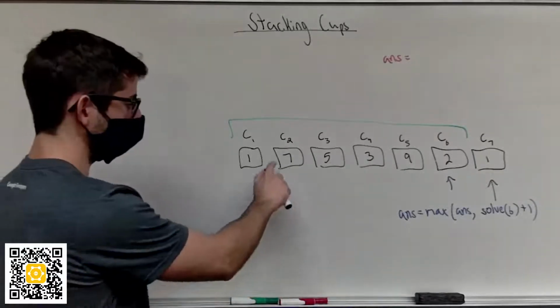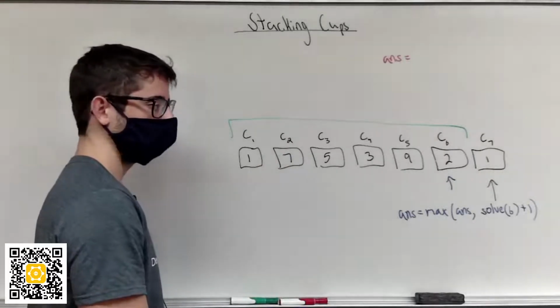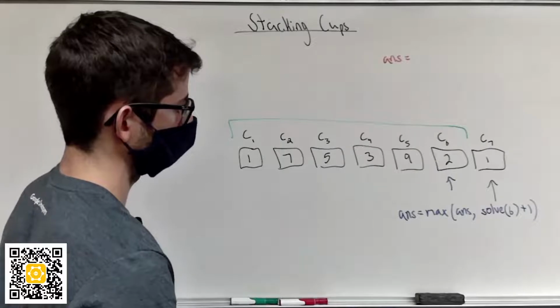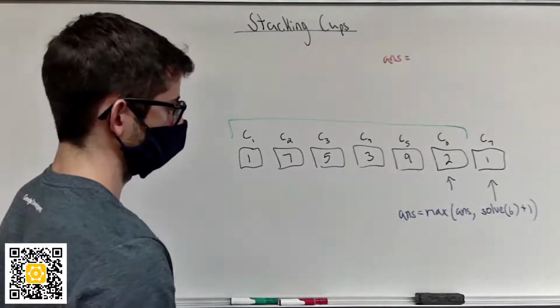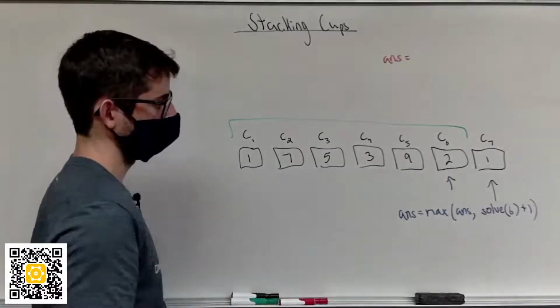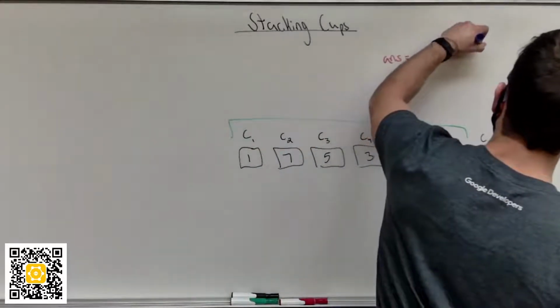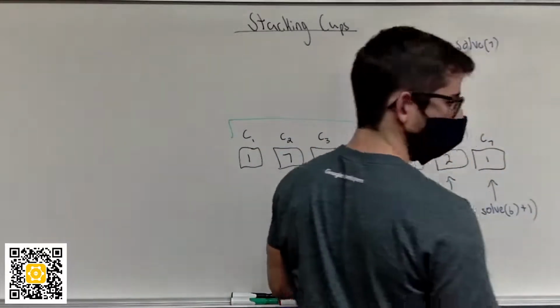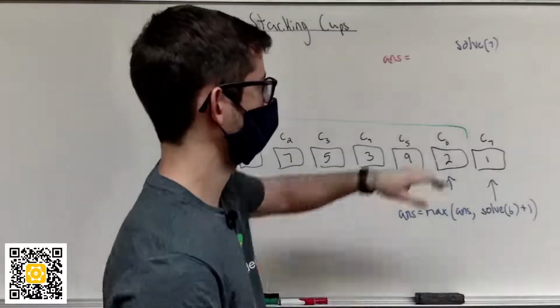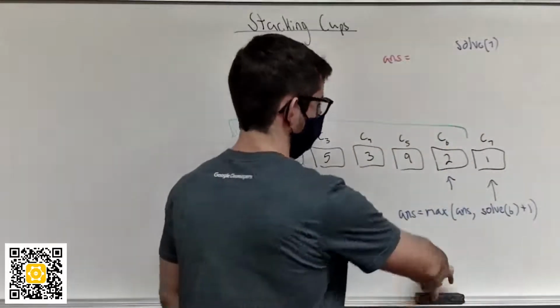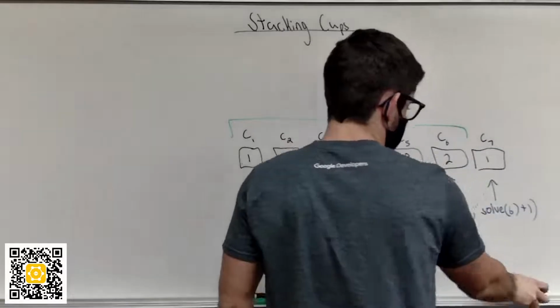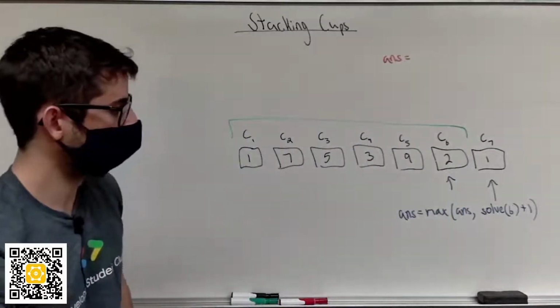You're saying, how about the 7? When do we include the 7? I mean C7. Like, what do we say? Ans max and solve 7 plus 1. No. We called solve 7 initially. We're in C7. Yes. That's where we initially began the recursive function. Okay. I was getting confused between where that was being called.